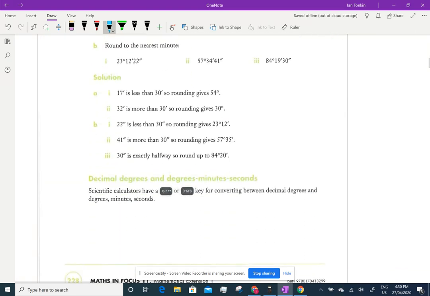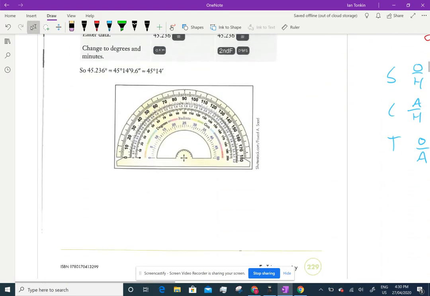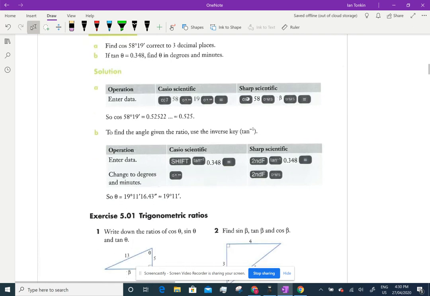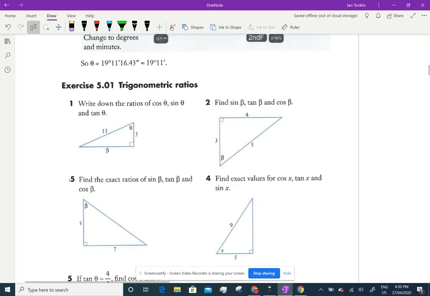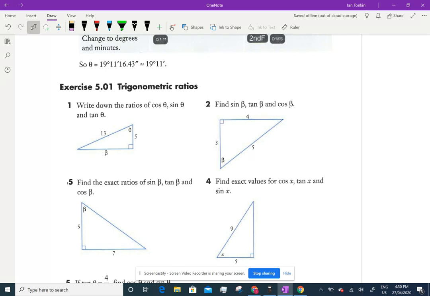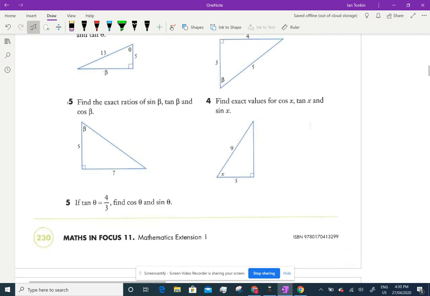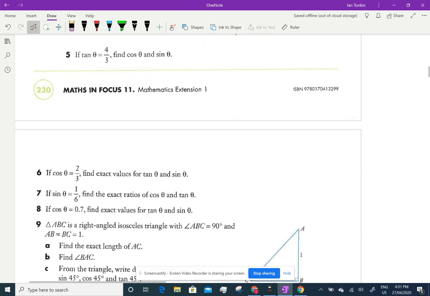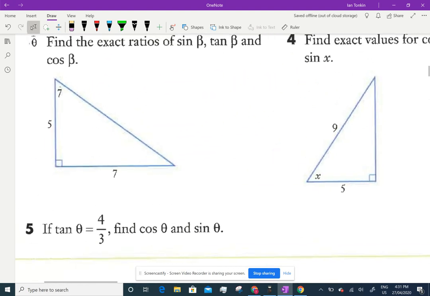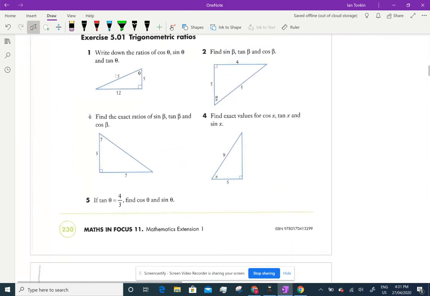Okay, so most of these questions are pretty easy. Now, writing down the ratios, I'm not going to go through that. Write down the ratios for sine beta, cos beta, tan beta, and so on. What you need to be able to do are ones like in question 4 and this one here, 3.